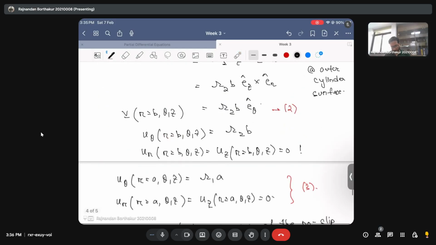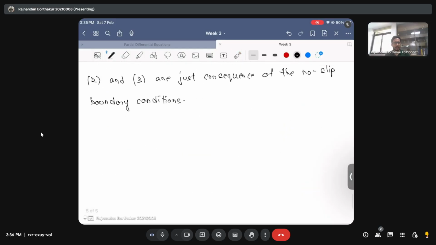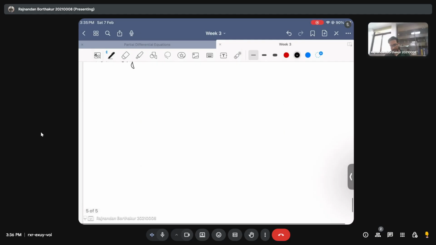Before that, it's always a good practice to write down the assumptions. So let's start off by writing the assumptions. Some are just trivial. For instance, we'll consider the flow to be steady. We will consider the flow to be fully developed.